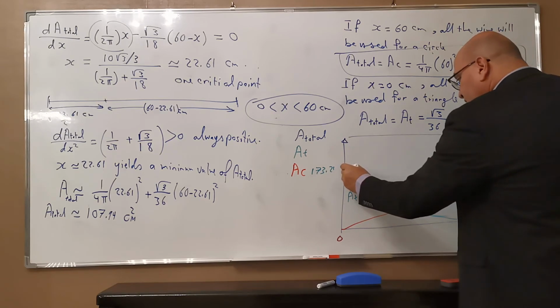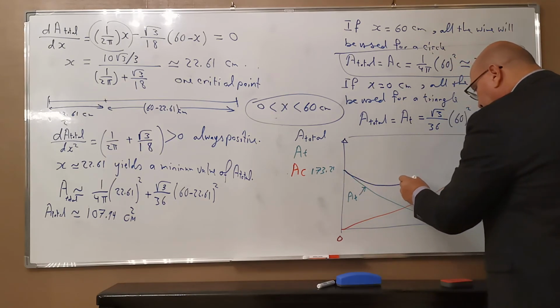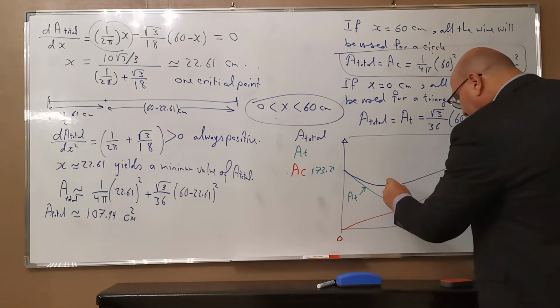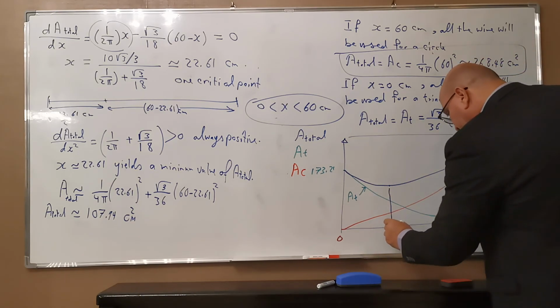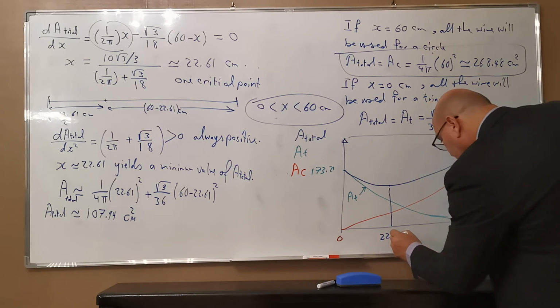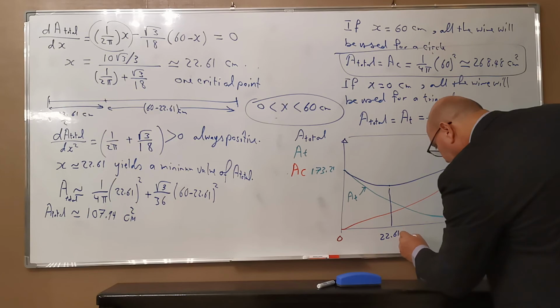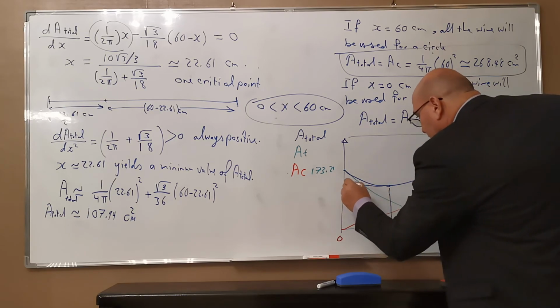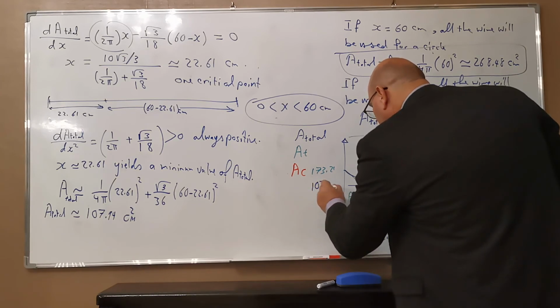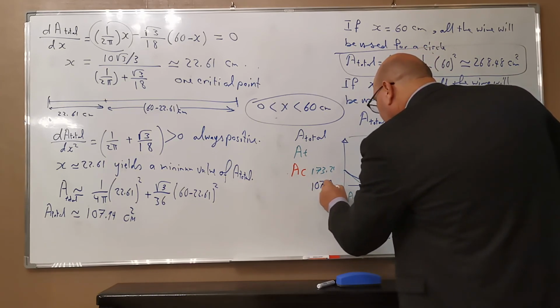It will start from this point, going down like this, and it goes up like this. And you have the minimum somewhere here at 22.61 centimeters, and this minimum here is 107.94.